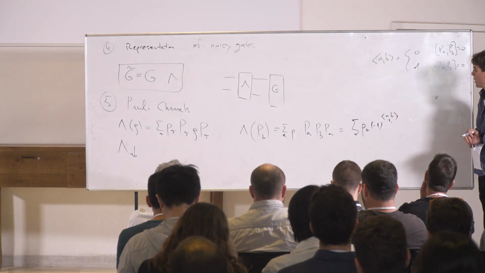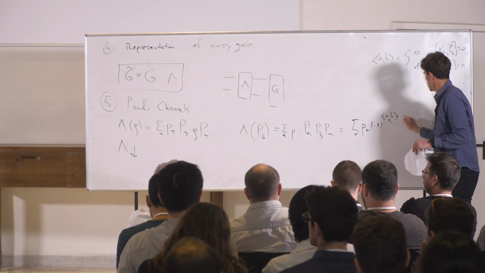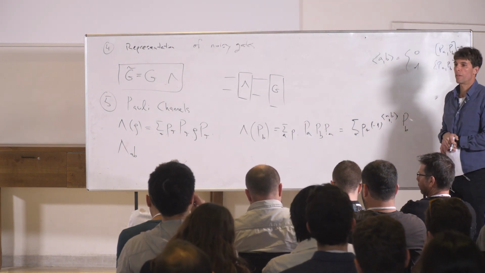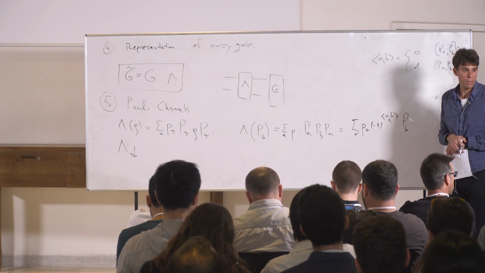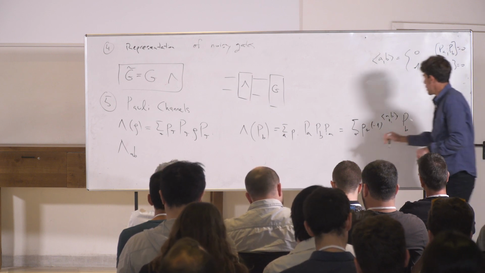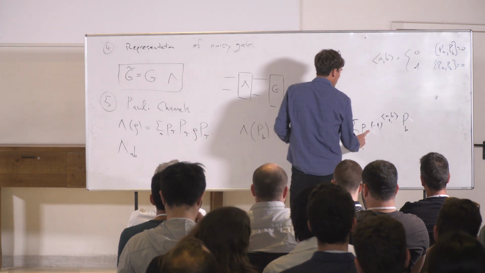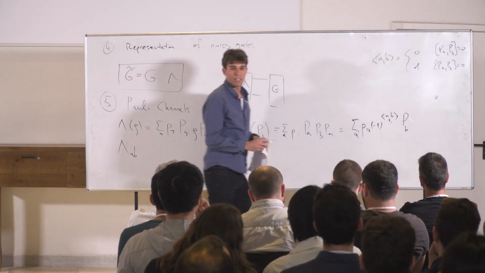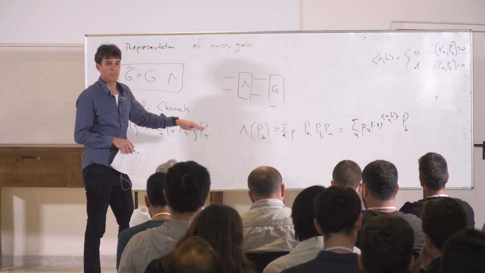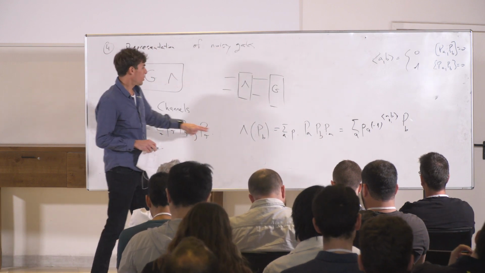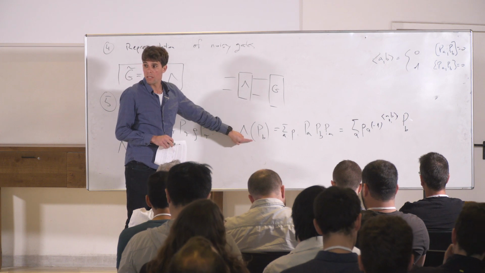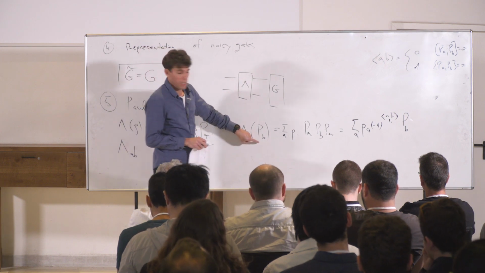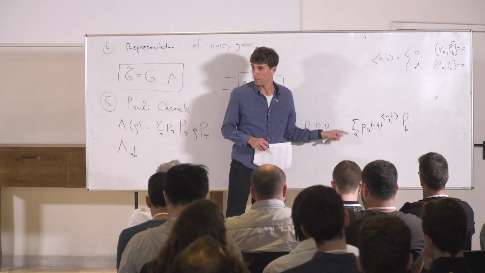When I sum over an index, it could be whatever, but it's nice to use the same thing. But you see, this is why it's a diagonal channel, because I put PB in here, and I get PB out times a factor.